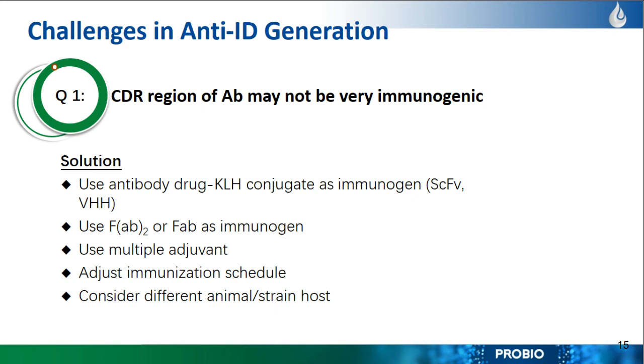Alternatively, we can use a Fab fragment as immunogen to reduce the Fc-specific antibodies. In addition, different adjuvants, animal strains, and immunization schedules can also be included for the maximal success rate.